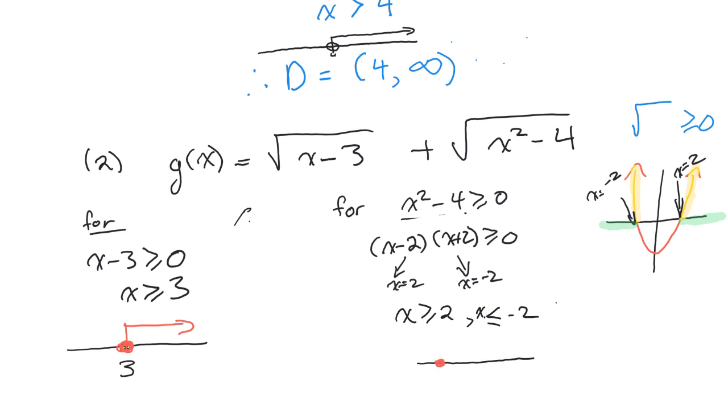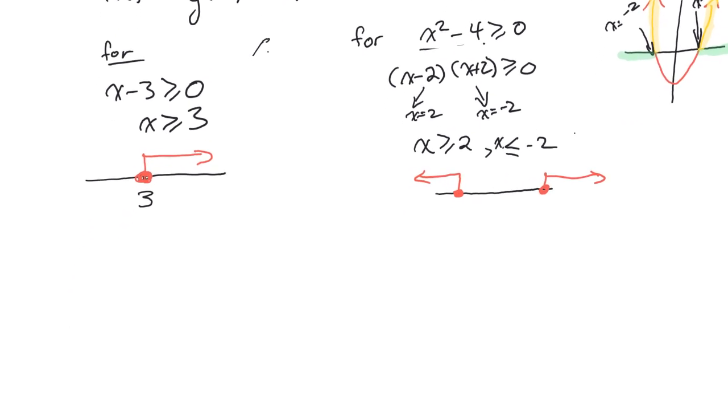So here's my first point, here's my second point, and one goes this way, and one goes that way. Okay, so now we got to look for where they overlap. So now let's combine these two graphs and see how all this stuff works.